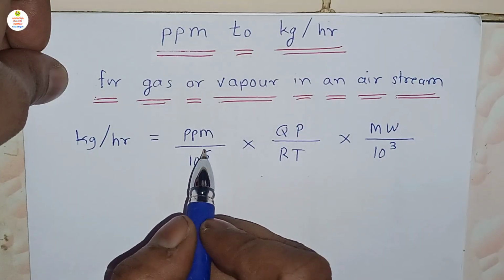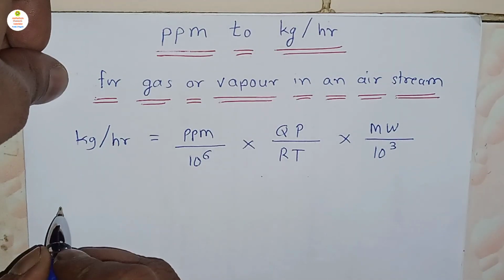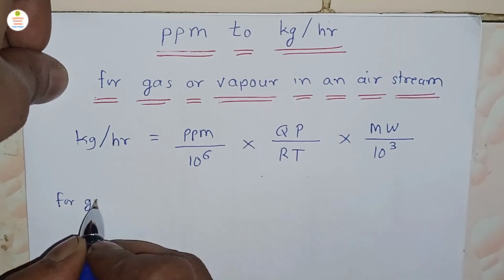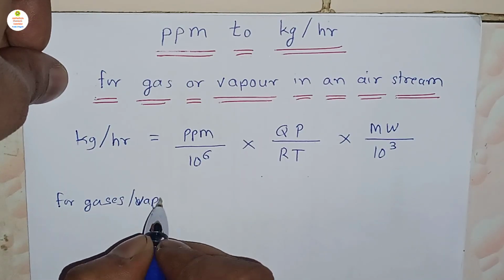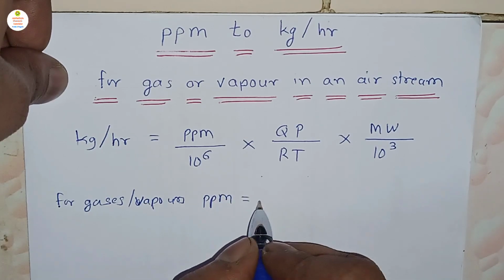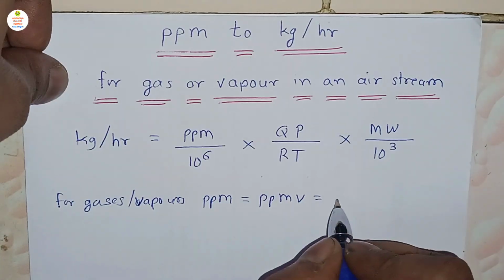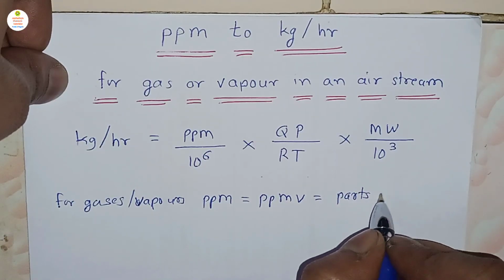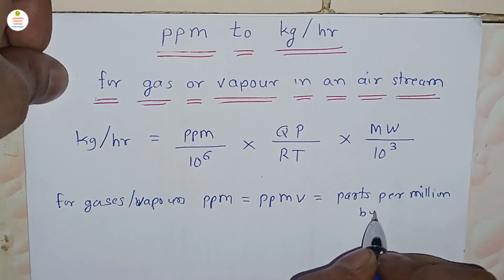in this, ppm is parts per million. Okay, this is the gas concentration, and for gases or vapors, ppm is equal to ppmv, that is, parts per million by volume.